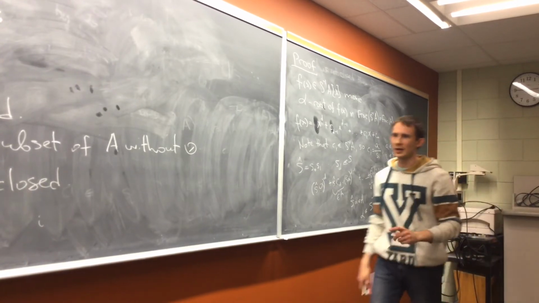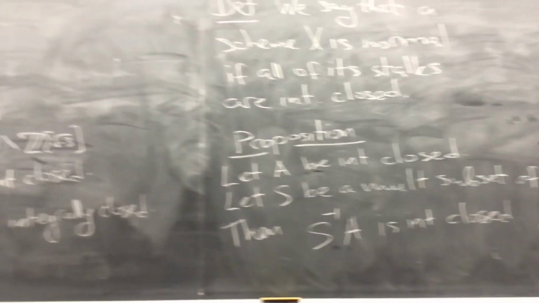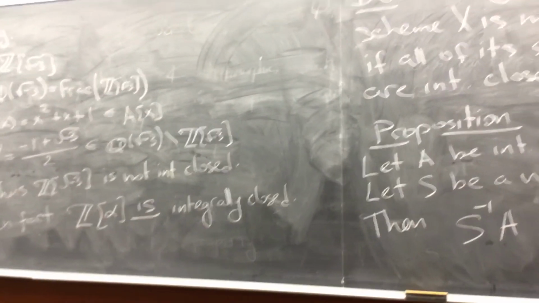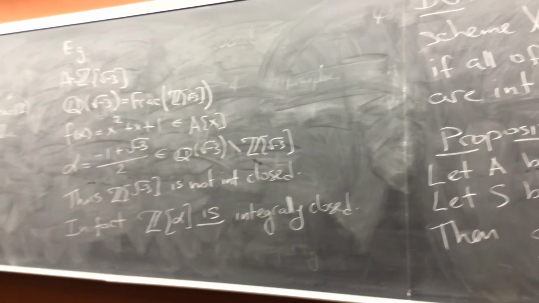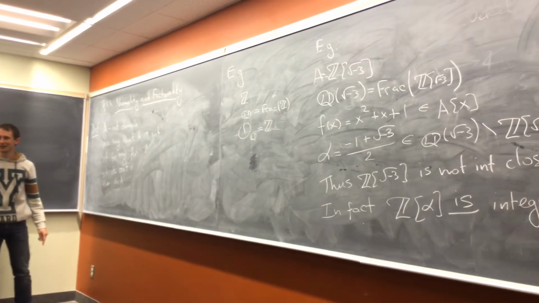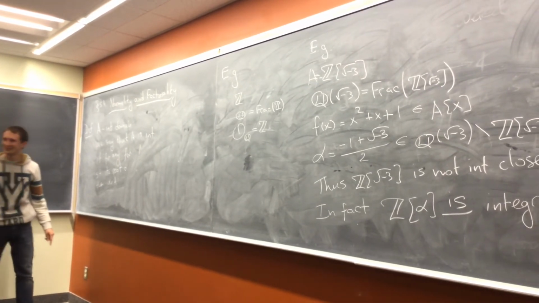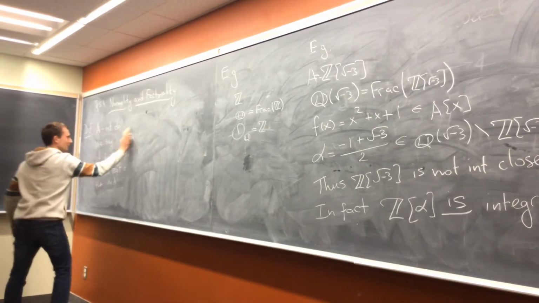Now I'm going to give you an interesting example of a scheme that is normal, but the original ring it came from is not even an integral domain. I'm very thankful to Nick for helping me figure out this example.